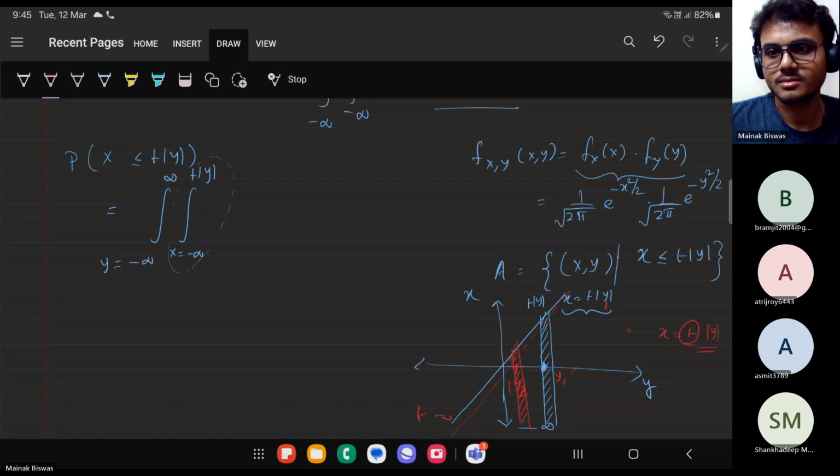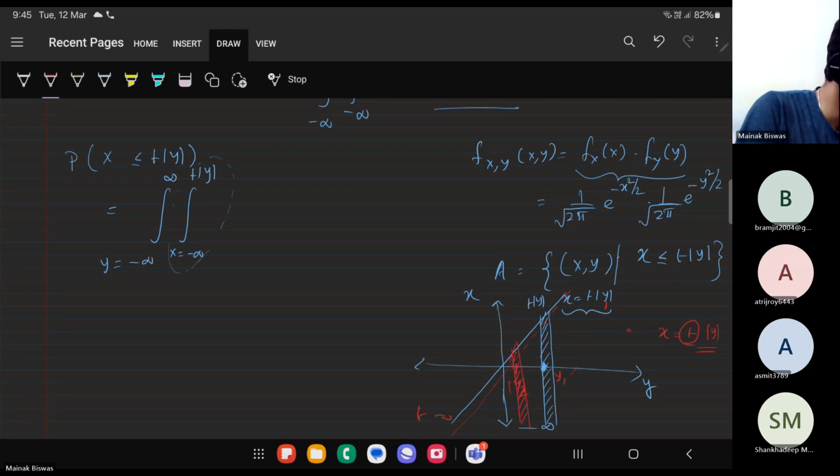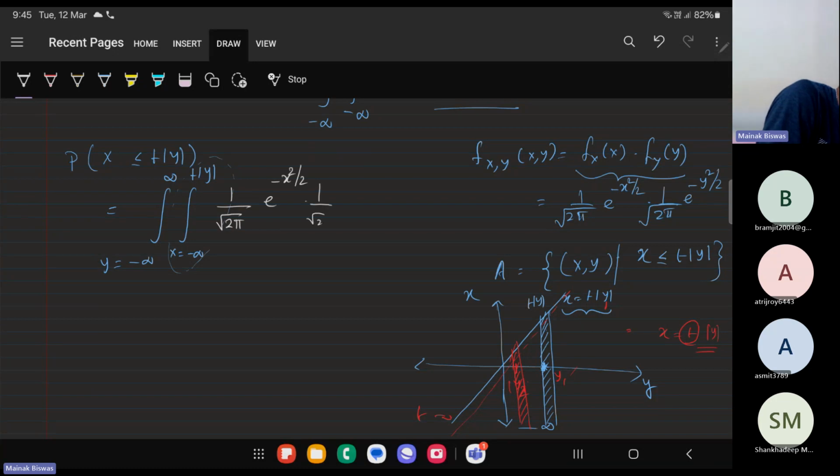Yes. Okay. So what will this integral become? It will become 1 by 2 pi e to the power of minus x square by 2 into 1 by 2 pi e to the power minus y square by 2, dx dy.